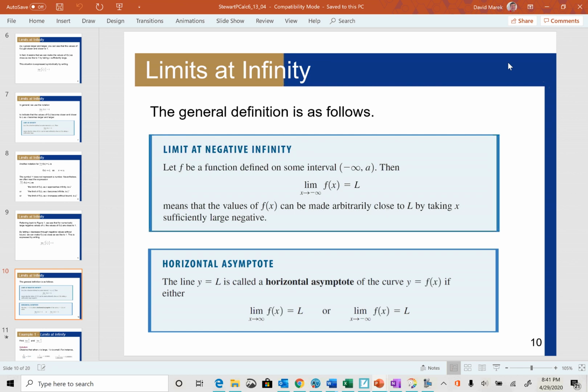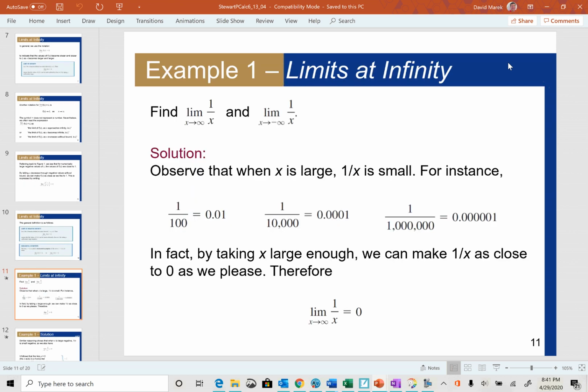And when y is equal to L, again, that's our limit value, it's a horizontal asymptote if both the limit to positive infinity and the limit to negative infinity are the same value. Again, we saw that with the graph here of that first example.